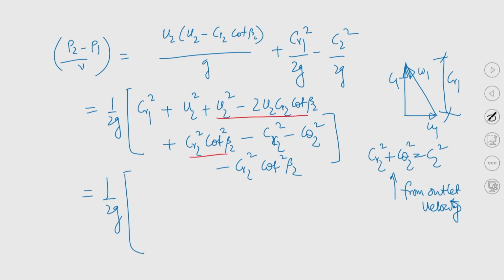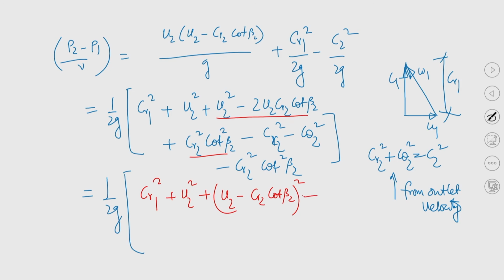So, I can write CR1 square plus U2 square, this is nothing but plus U2 minus CR2 cot beta 2 whole square, right, plus now this CR2 square if I take outside, then minus CR2 square into 1 plus cot square beta 2, right, minus C theta 2 square, okay.